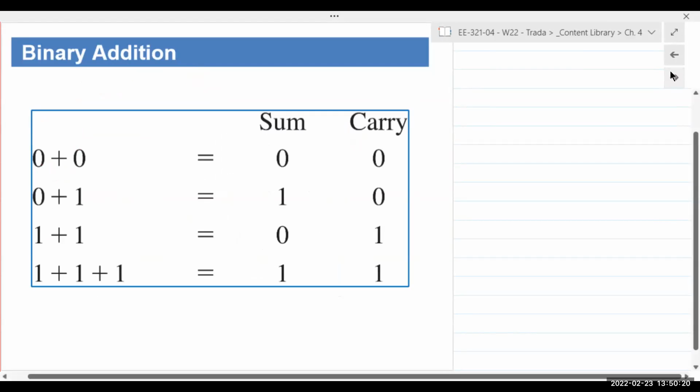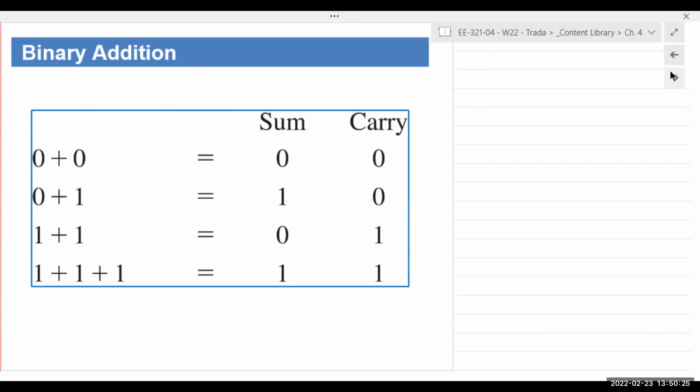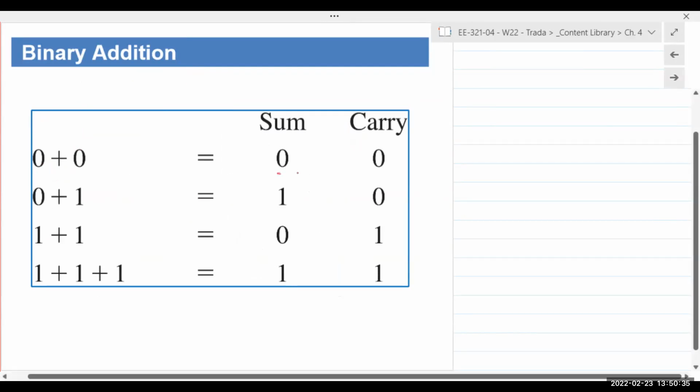So binary addition works similar to what we use for decimal arithmetic, but it's a little bit different. Since it's only 2 digits, if you're adding 0 plus 0, the resulting sum is 0. There is no carry. Carry is 0. 0 plus 1 gives you 1.